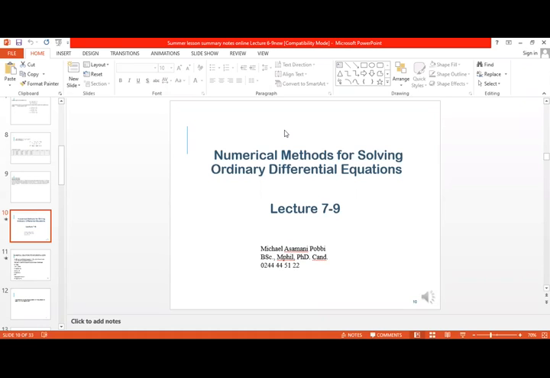That's IBPs, okay? Numerical methods for solving ordinary differential equations.